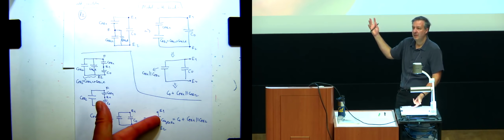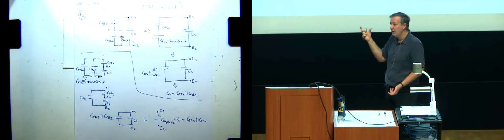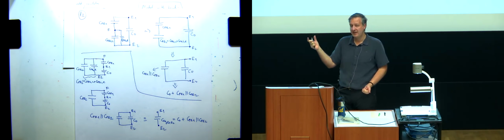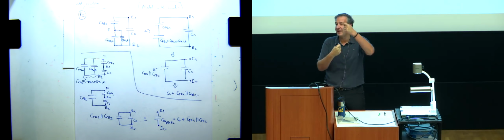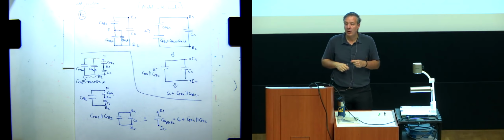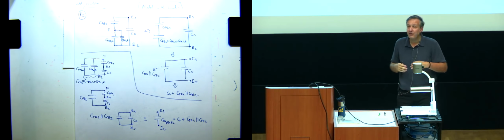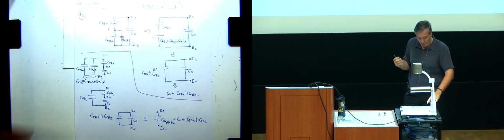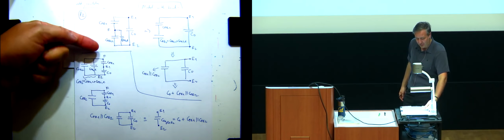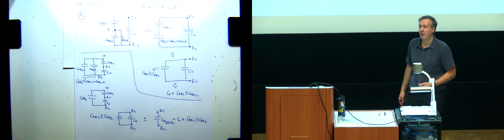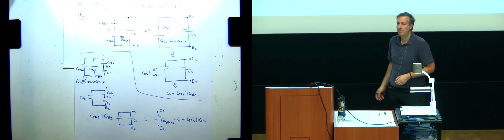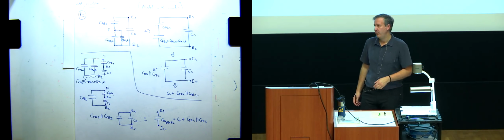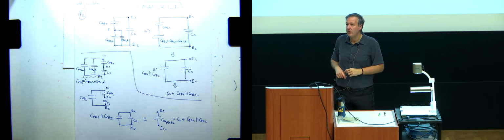It disappeared. But I don't care about it. I only care about the value of the capacitance between the electrodes that I can access, right? And you're right. If for some reason I was interested to know what is the equivalent capacitor between nodes F and E1, that will be some other value, right? And we can go and write it out for practice, but it's a different value, right?